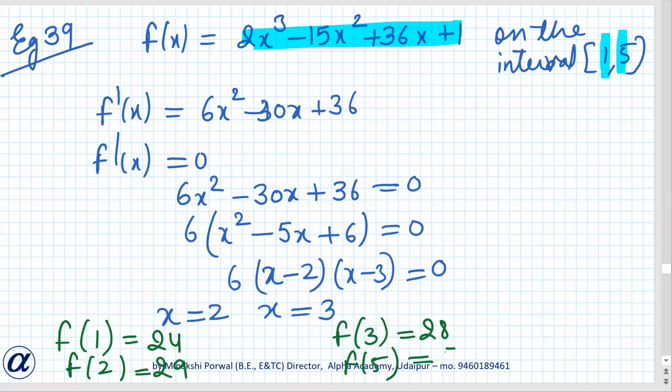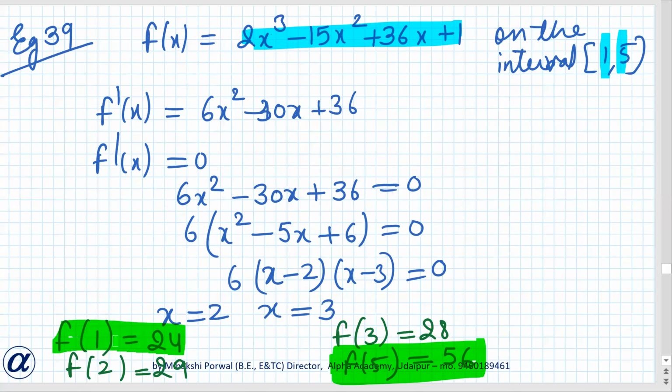And f(5), putting 5 instead of x, this will give us 56. So among these values, the maximum is 56. So this is the point of absolute maxima and it occurs at x equals 5. Among these, the minimum is 24. So this is where the absolute minima occurs, and it is at x equals 1.